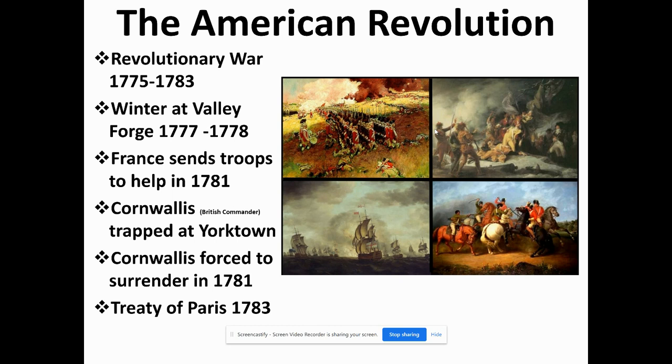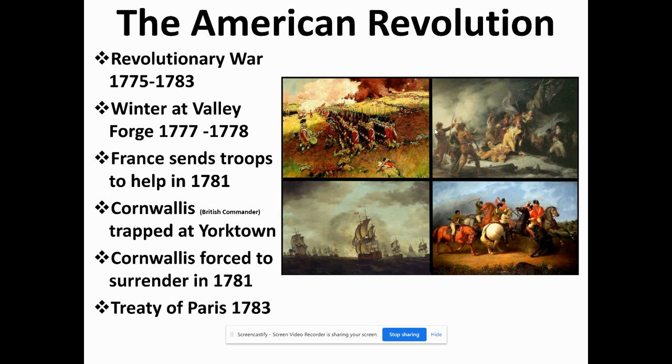So the French are going to decide, they don't just decide out of the blue. You have people like Benjamin Franklin and other Americans in France talking to the French leadership and saying, look, we need your help. We need money. We need ships. We need troops. We need your help in this fight. If you'll help us, we believe that we can win the war.